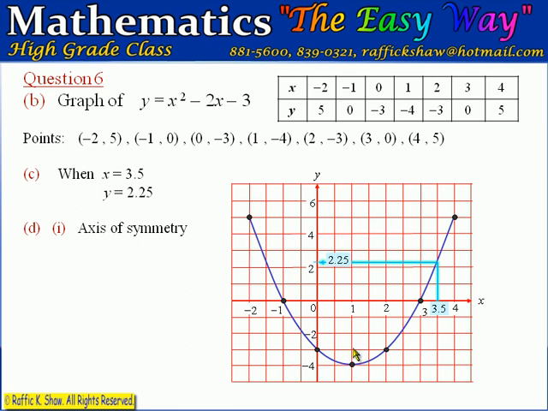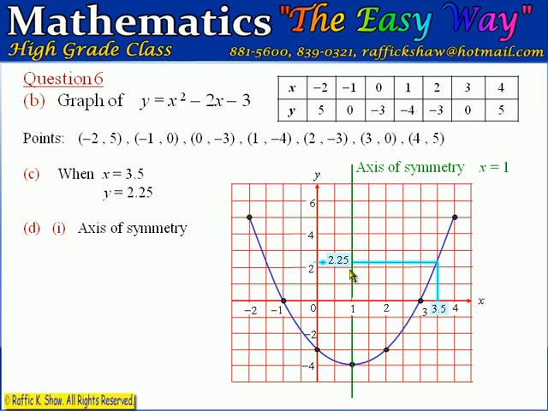So the vertical line through this point here is the axis of symmetry, and that vertical line crosses the x-axis at 1. So therefore the axis of symmetry is the line which has an equation of x equals 1. It is the x value at the turning point on the graph, and we can show that axis of symmetry on the graph.